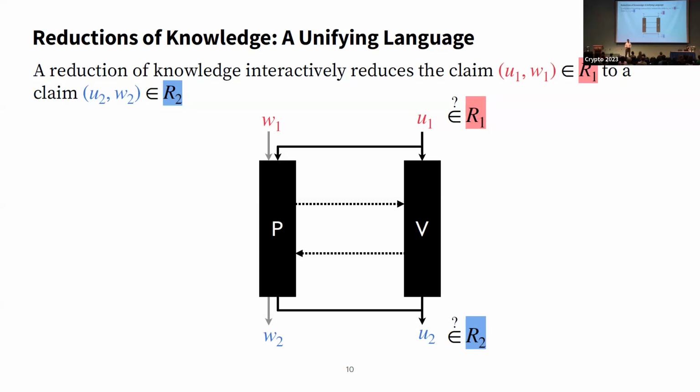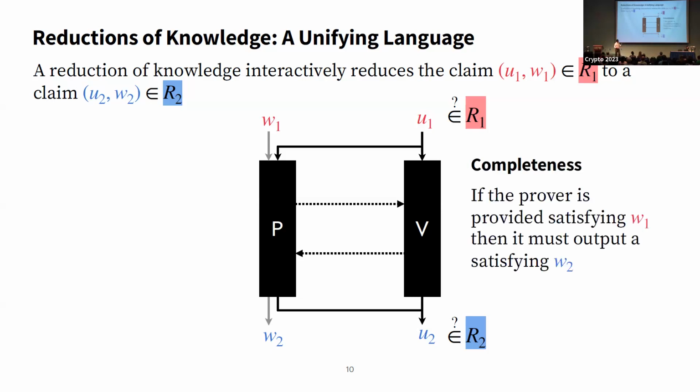Now, just like an argument, the prover and the verifier interact, but eventually, the verifier outputs a new statement, U2, which it believes can be checked in place of the original statement, U1. And likewise, the prover outputs a corresponding witness, W2, which satisfies U2 with respect to the new relation, R2.